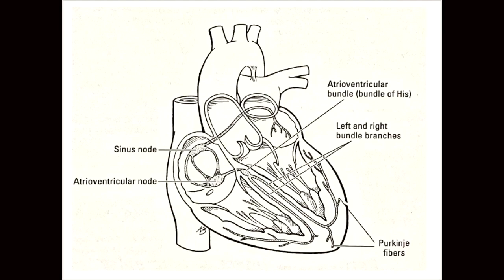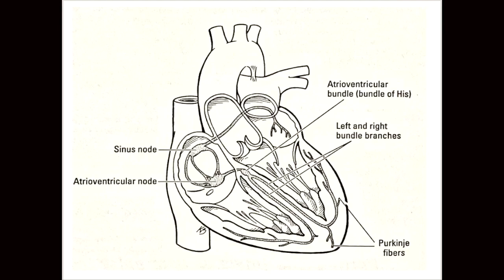In this diagram, you can look at the anatomy of the cardiac conduction system. Actually, five structures comprise the cardiac conduction system. These five structures are the SA node, which is the pacemaker, or you can call it the sinoatrial node.